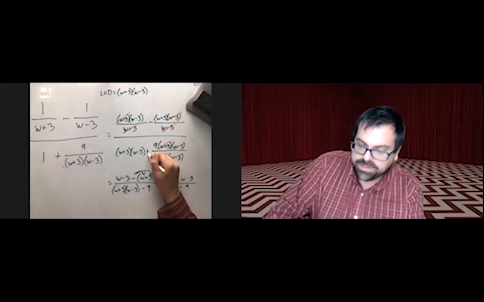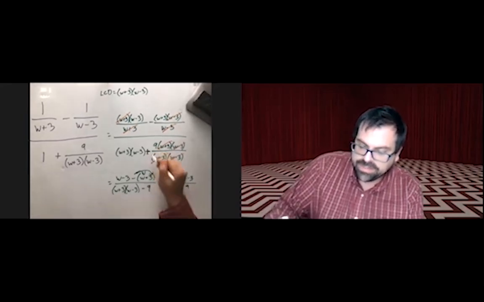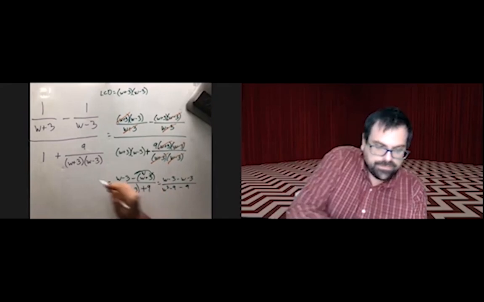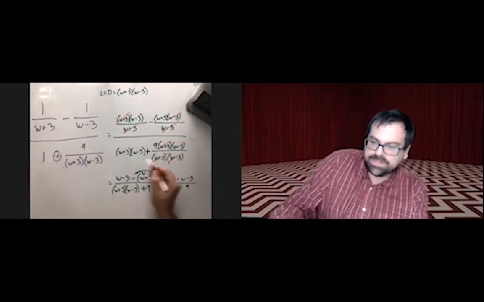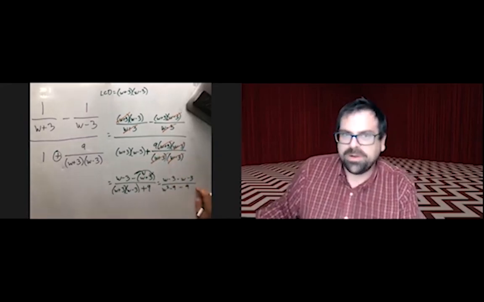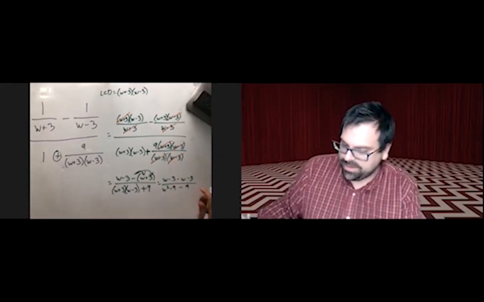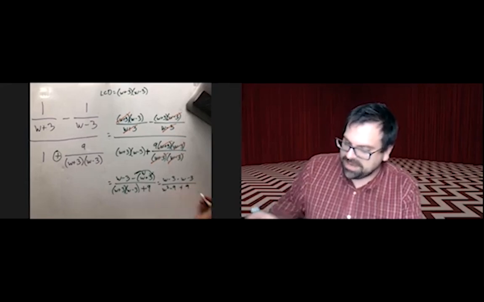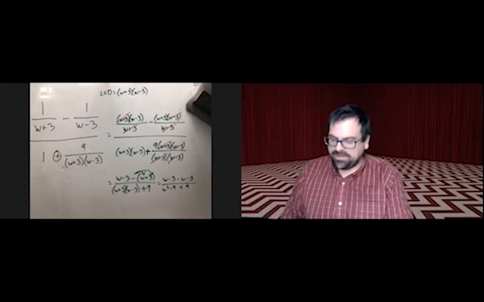This should be plus. Go back and fix that. Plus. If you caught that, great job. I did it on purpose. No, I didn't. W squared minus 9 plus 9. There we go.